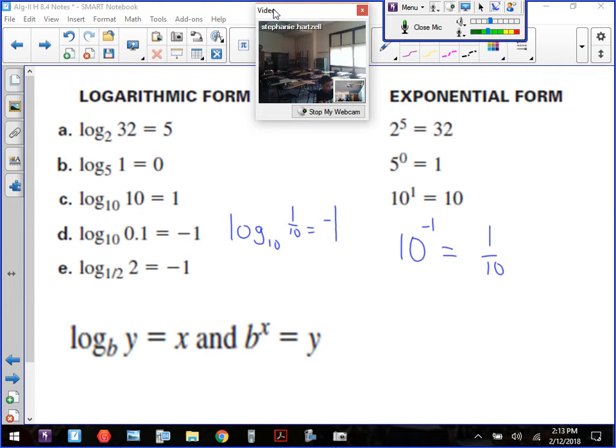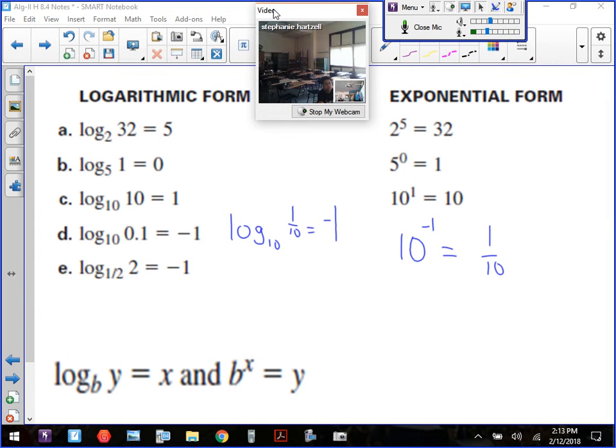So log base 1/2 of 2 is negative 1. That just means 1/2 to the negative 1 is 2. Remember, negative exponents create fractions by flipping them back and forth. That's the little trick you'll see.